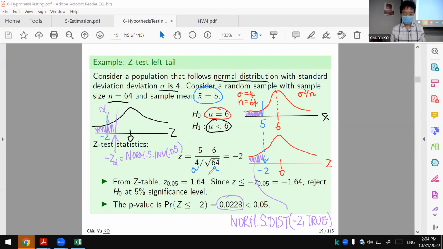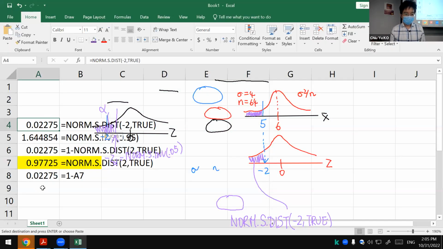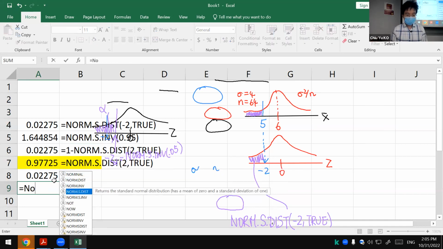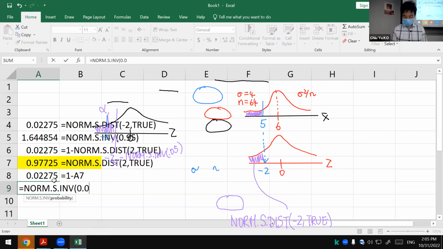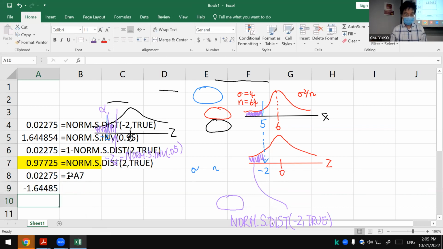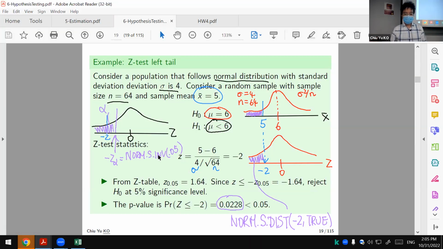So let's see the number again: NORM.S.INV of 0.05 is exactly -1.6449. So the -2 is way more extreme than the critical value, then you reject.